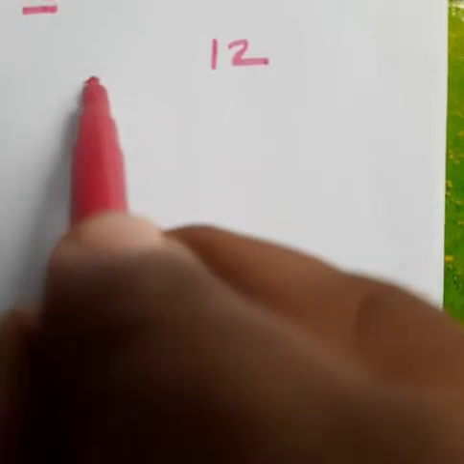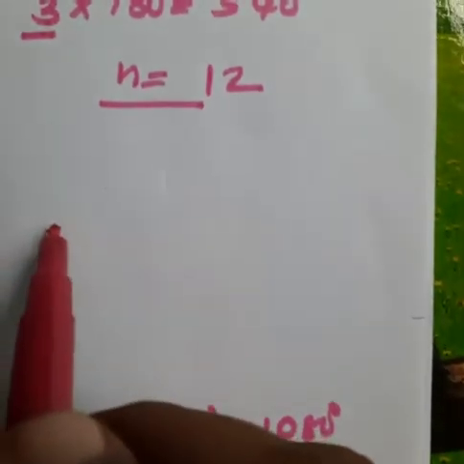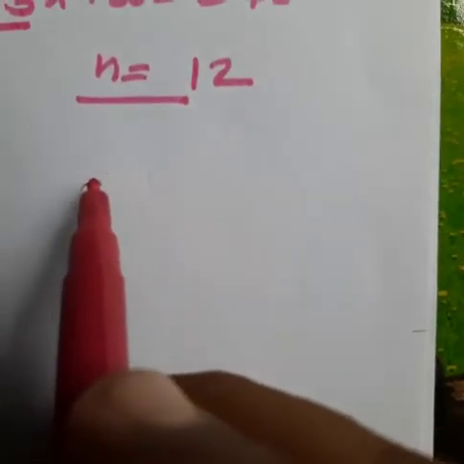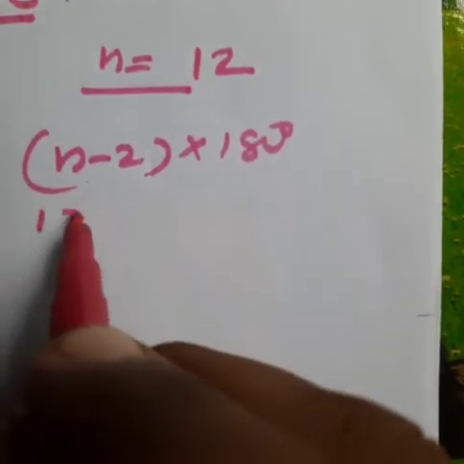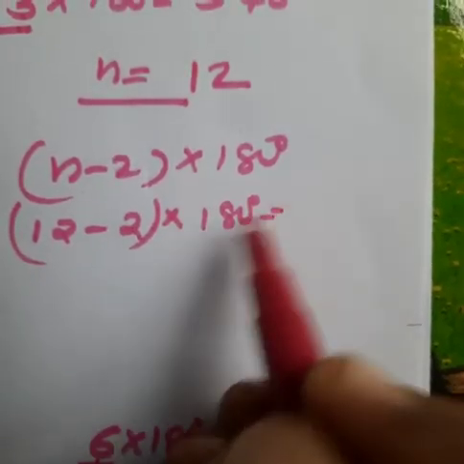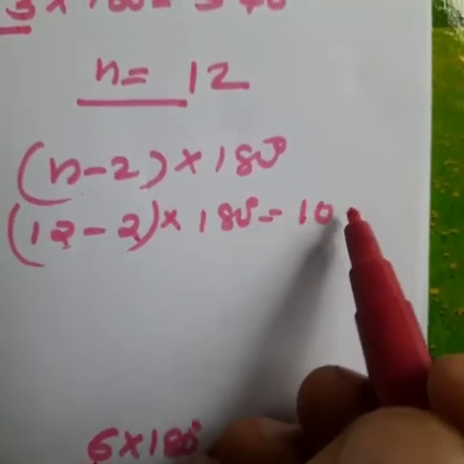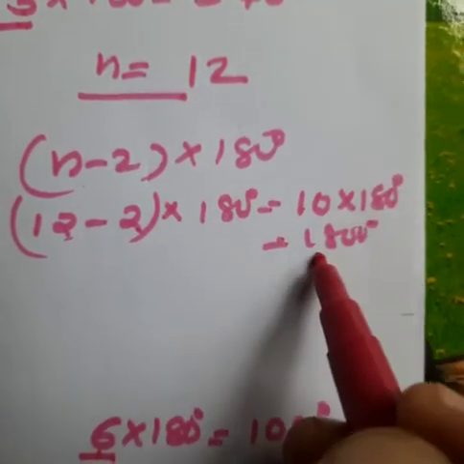If there are 12 sides, n is equal to 12. How much is the total angle? N minus 2 into 180 is the common equation. So n is 12. 12 minus 2 into 180. 12 minus 2 is 10. 10 into 180 is 1800.